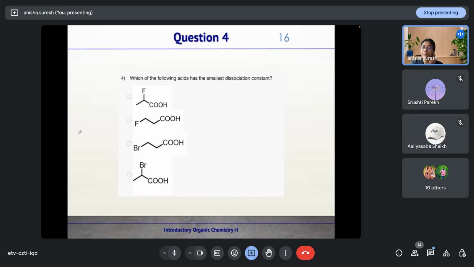Now coming to question number 4. Which of the following acids has the smallest dissociation constant? We know acid dissociation constant is known as Ka, and we are aware of pKa. When pKa is decreasing, the acid will be a stronger acid.